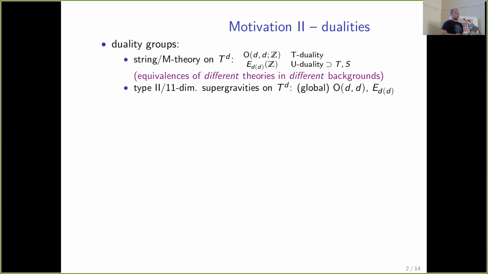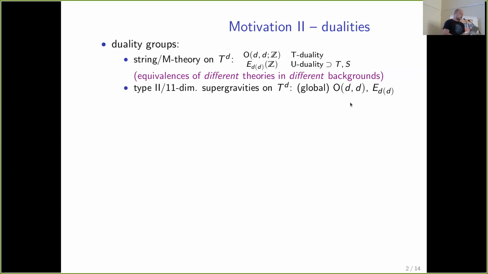If we now go to the massless sector or consider supergravities compactified on a d-dimensional torus, we see that we can act with a still global ODD or EDD transformation, but now we drop the Z, so it's real number valued.